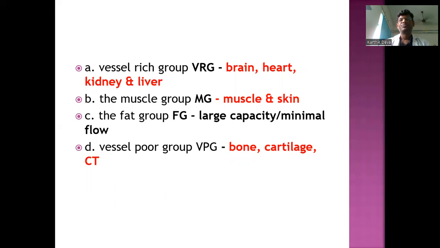Vessel rich group, that is brain, heart, kidney, and liver. The muscle group are muscle and skin. The fat group has large capacity and minimal blood flow. And the vessel poor group are bone and cartilage.